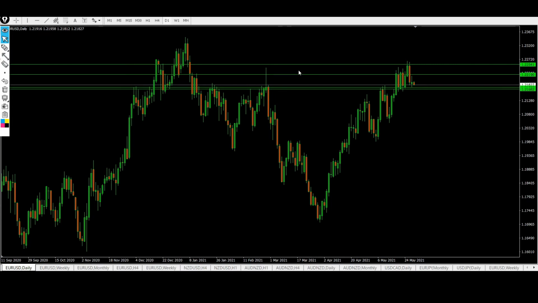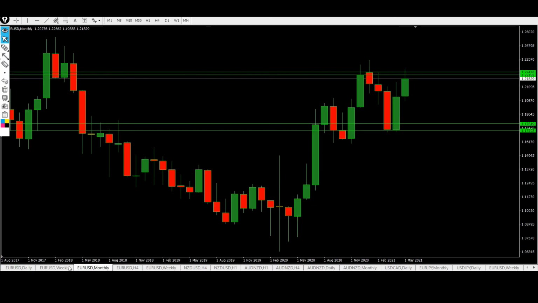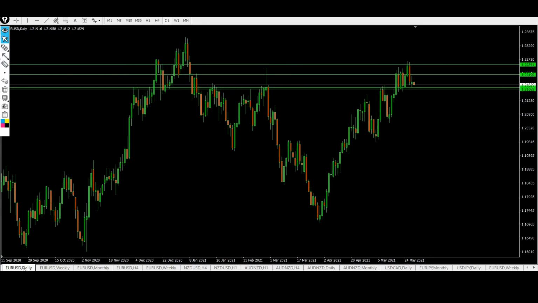And all the gaps for each time frame that are close to current price have already been charted out. Okay, but just remember, if you're using the 4-hour chart also to trade, then you also want to chart out the 4-hour chart's gaps also. Again, we want to find all the gaps on each time frame that we use to trade. And for this demonstration, that will be the monthly, weekly, and daily charts. All right, let's go on to number 2.